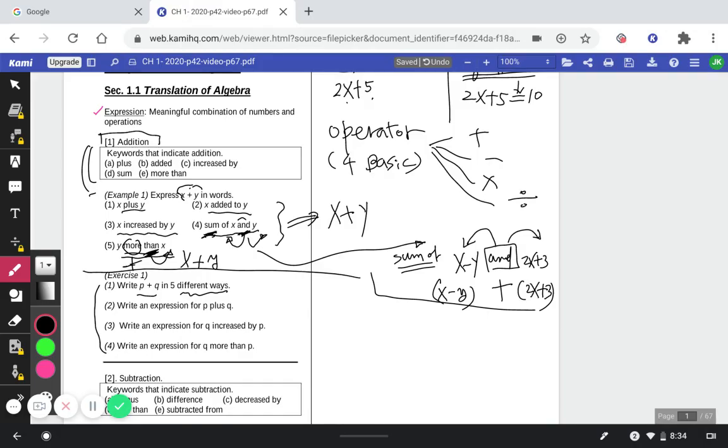I guess that's what they want. And number 2, 3, 4. So pause the video and try those questions, and then check your answer with the answer key at the end of this section. Pause the video now.